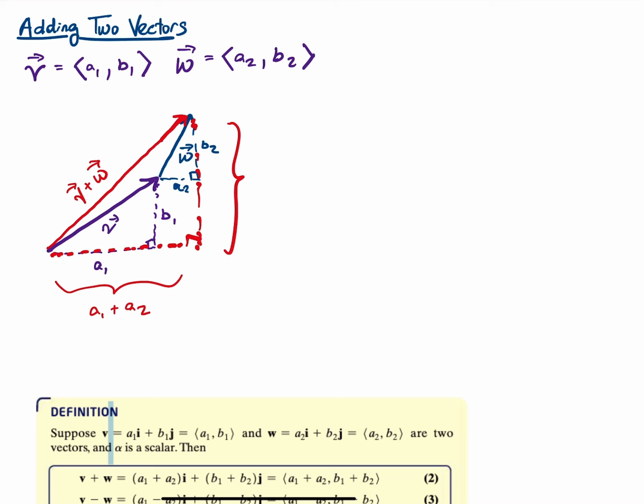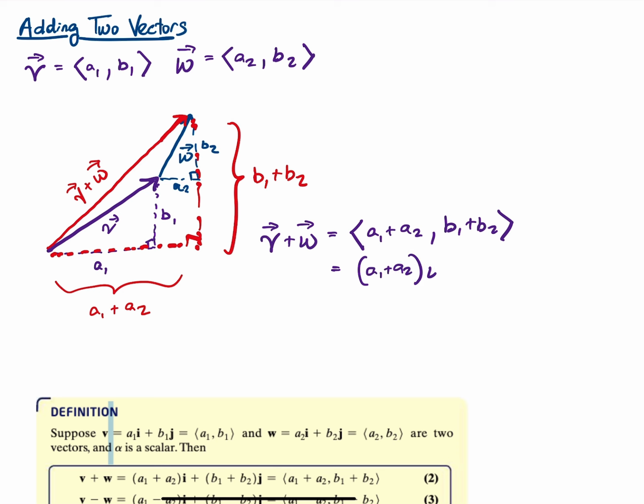And similarly, we can describe the vertical as b1 plus b2. So that means we can describe v plus w. Its horizontal component is just the sum of the two, so a1 plus a2, vertical component b1 plus b2. Or using i and j, we can say (a1 plus a2) i plus (b1 plus b2) j.